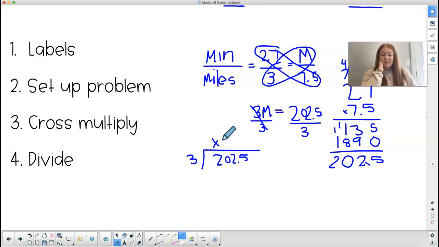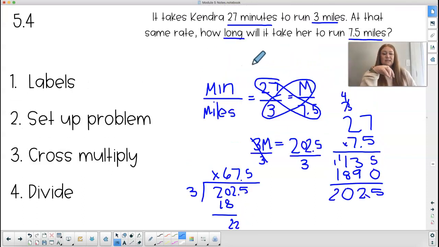It goes in here 6 times, which is 18. And we're left with 2 and 2. And there is 7. So it goes in there 21 times. 1 left over. Bring down my 5. So m equals, which was my minutes, it will take her 67.5 minutes to run 7.5 miles.